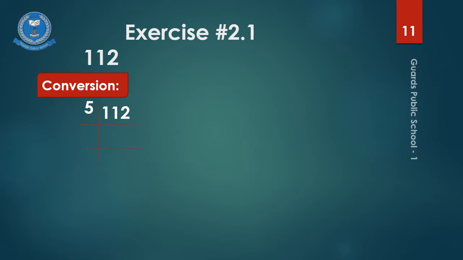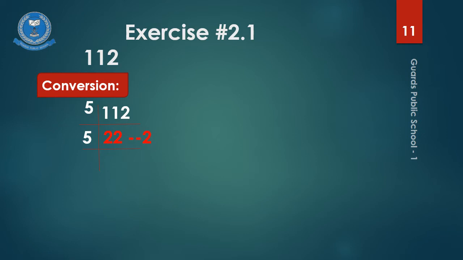We will see the number lesser than 112 which is easily divisible by 5, and that number is 110. This 110 is easily divisible by 5, but 2 will be the remainder. So we will write it as 5 times 22 is 110 and the remainder is 2.